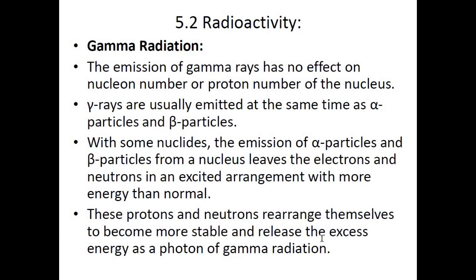Those protons and neutrons, in order to balance themselves, release photons and release energy in order to become stable, in order to lower their energy so they can continue to exist, so they can continue to keep the atom balanced. Hence, energy is released in form of gamma radiation.